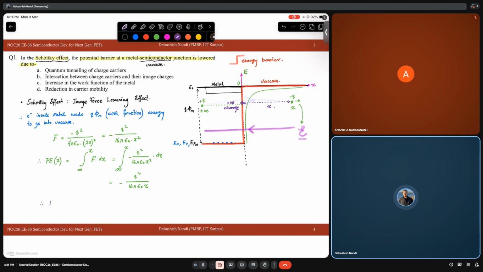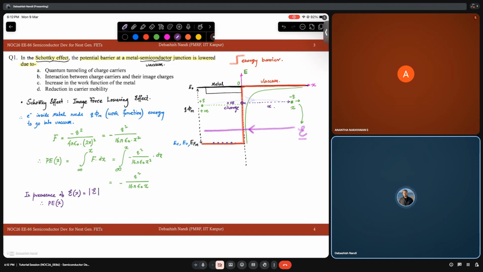In other words, how will the PE of x look in the presence of an external electric field, let's say E of x, which is constant?